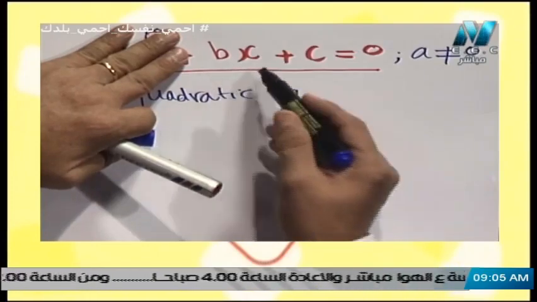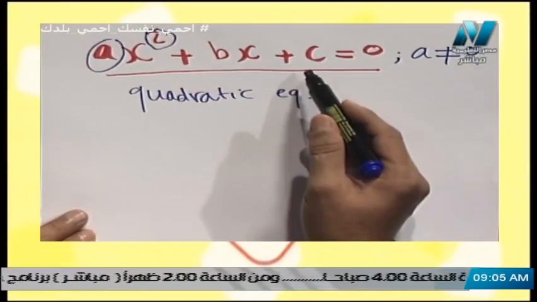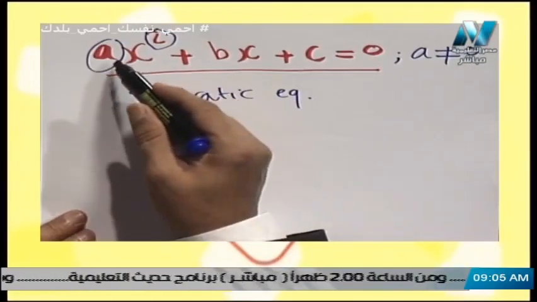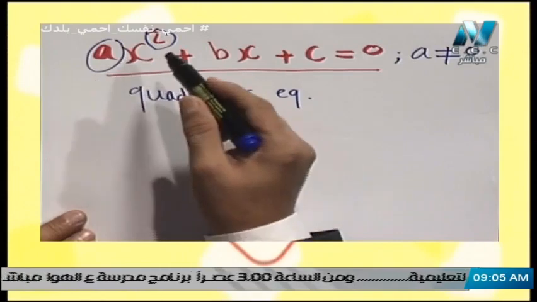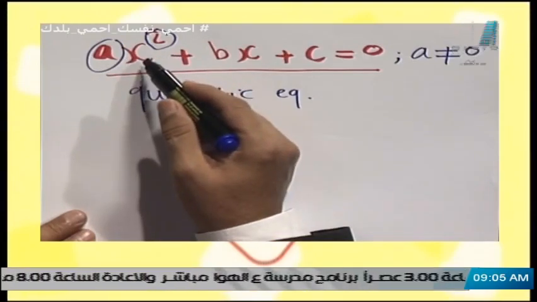Only bx plus c will appear, and it will be first degree. So a must not equal 0, to be a second degree equation.